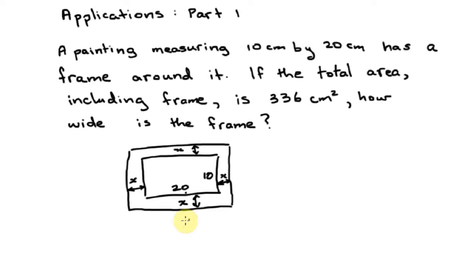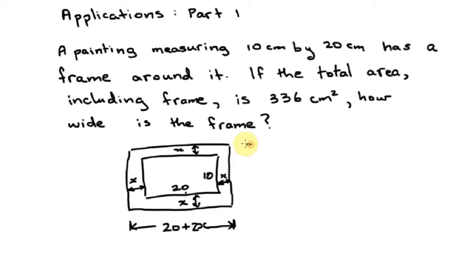Now, to solve this, they do give us the total area of the frame and the painting. So this entire big rectangle, we know the area is 336 square centimeters. So I'm going to get the distance from here all the way to here. I think this is going to be 20 plus x plus the other x, so an expression for this is 20 plus 2x.